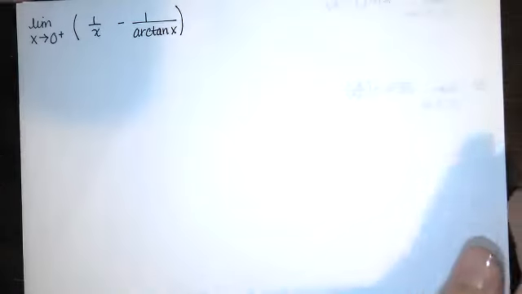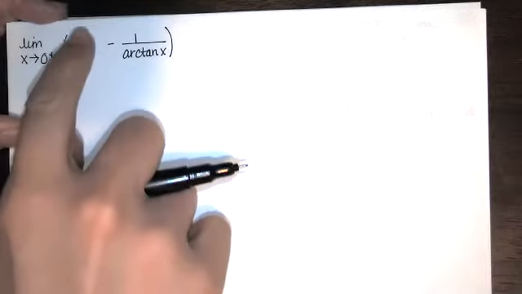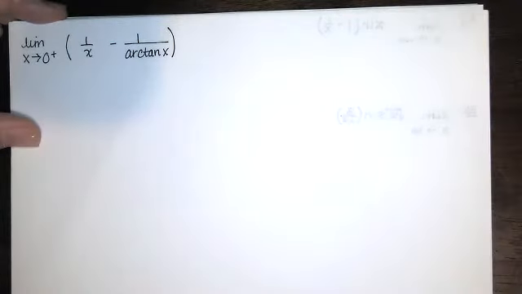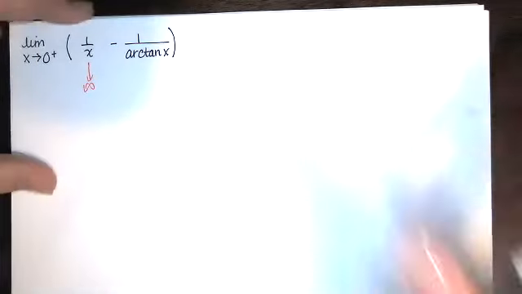I have the limit as x approaches 0 from the right of 1 over x minus 1 over arctangent of x. As x approaches 0 from the right, that's 1 over a tiny positive number, which is a large positive number, so we get infinity.